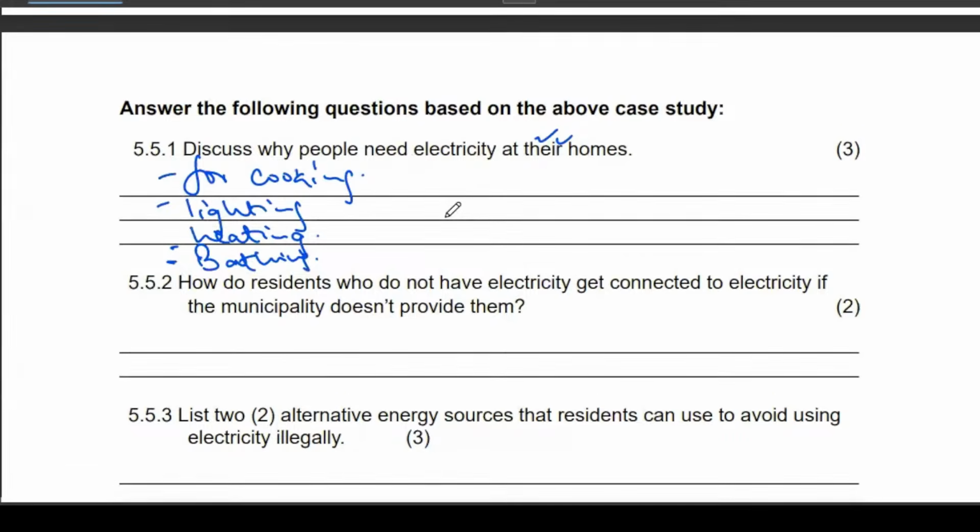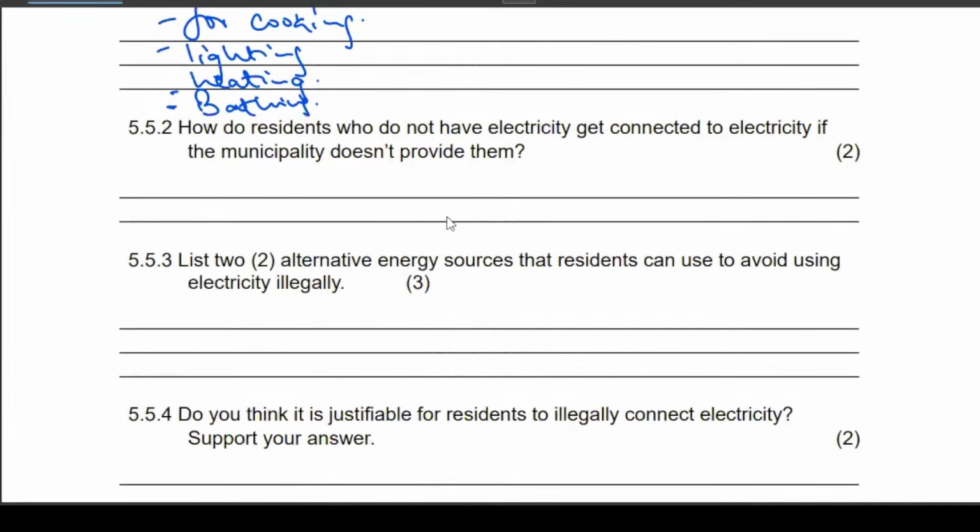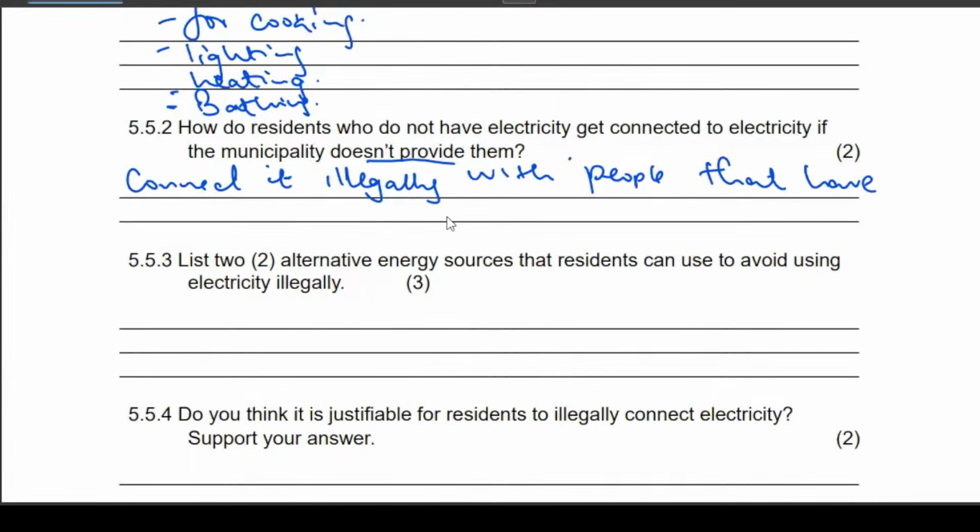Then 5.5.2. How do residents who do not have electricity get connected to electricity if the municipality does not provide them? So we're saying that they connect it illegally, with people that have it legally.